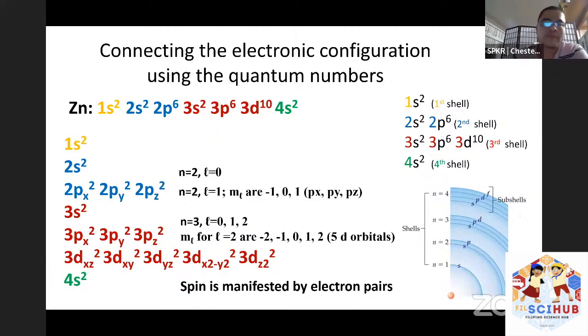So, from the previous slide, we have actually written the electronic configuration. Now we are going to dissect, okay, the electronic configuration using the quantum numbers, okay? So ang ginawa ko dito, I mean, ni-rearrange ko. So yung 4s2 3d10, binaliktad ko lang, okay? And then I actually colored them, okay?